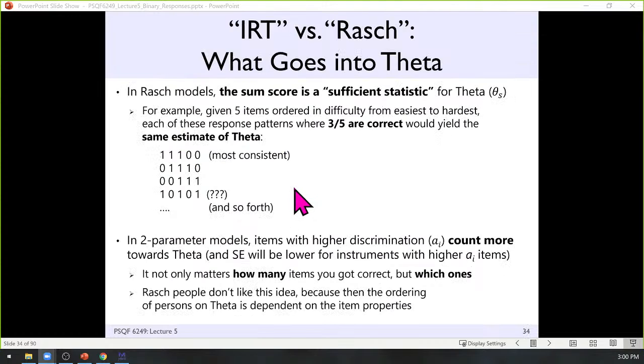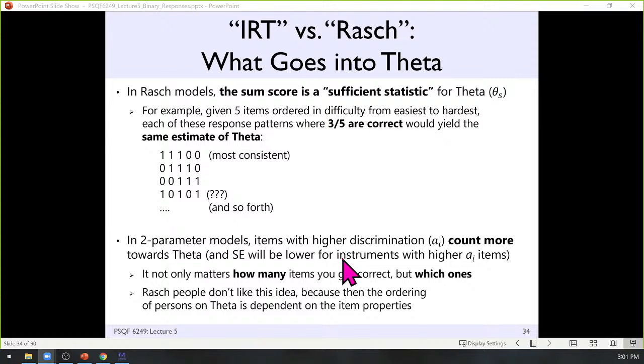All right, so we talked about this a little bit. What goes into theta? If you have a Rasch model where each item gets a difficulty that's different as a fixed effect, but all of the slopes are constrained equal, then all you need to know is the number correct to know theta. It's a sufficient statistic.